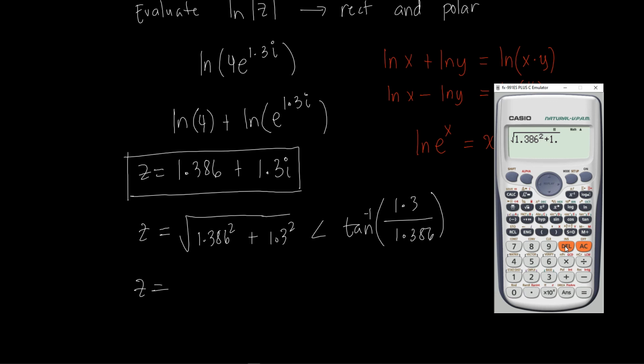Okay. Padayon ta, 1.3 square. So we have 1.9.